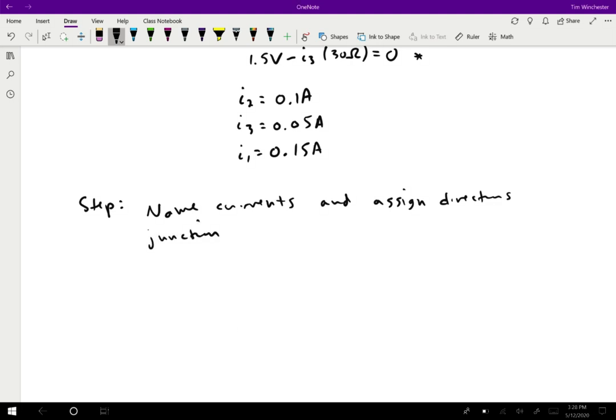You don't have to use every single junction, but you do want to do the junction rule enough times that every current is represented. So you do the junction rule, and then you do the loop rule. Again, you don't have to do every possible loop, but you do want to do enough loops that you have every current represented. And then once you have a bunch of equations from the junction rule and the loop rule, then you solve them. Okay, usually that's the hard part.